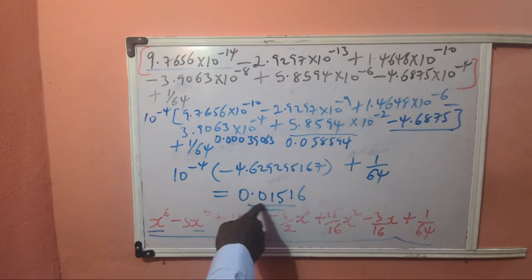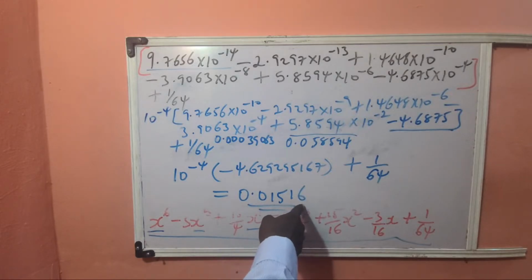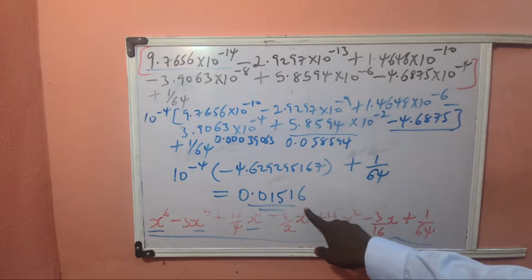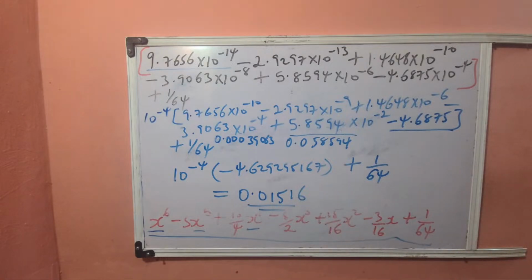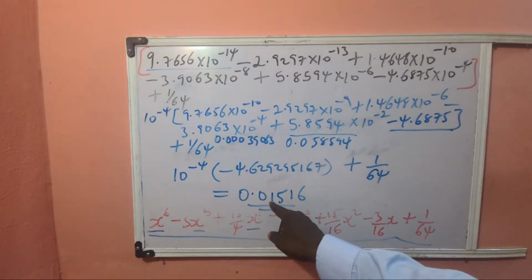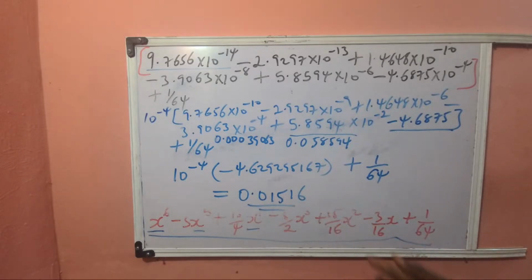Can you see that these values here are quite small? 0.01516. And don't forget, the question said you should prove that this was equal to this particular value. So if you went on to get something else, I hope you know that will not do. If you got 0.014, for instance, I'm sure you know that's not going to be okay. So you have to be very careful.